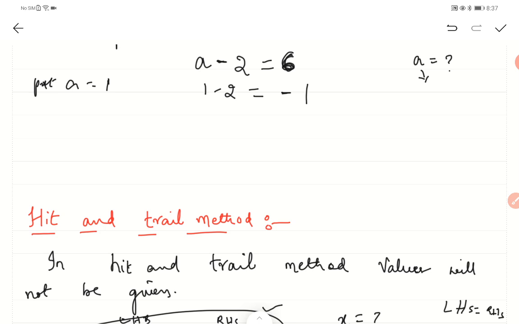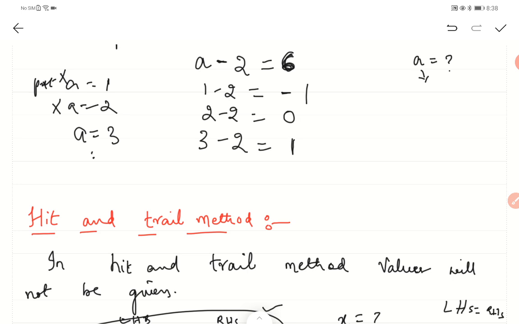If I take a equal to 2, it will be 2 minus 2, this will be 0. So again for this also it is not true. If I put a equal to 3, 3 minus 2, how much am I getting? 1. And if you go on taking values, you will not get true for a equal to 3, 4, 5.